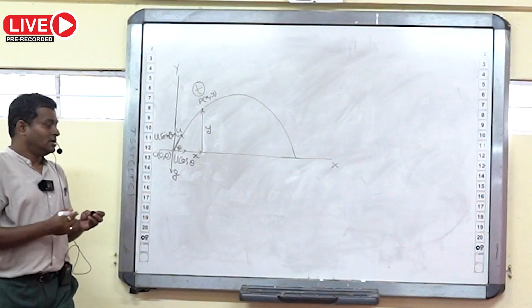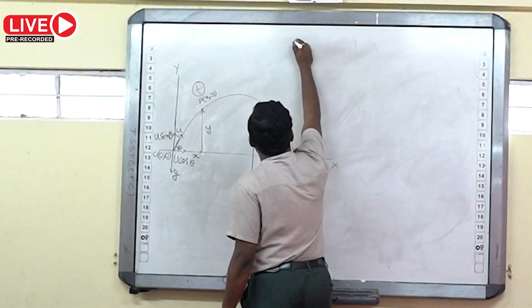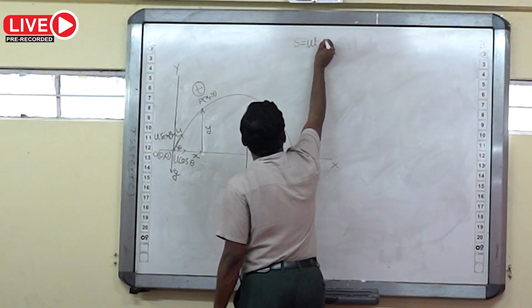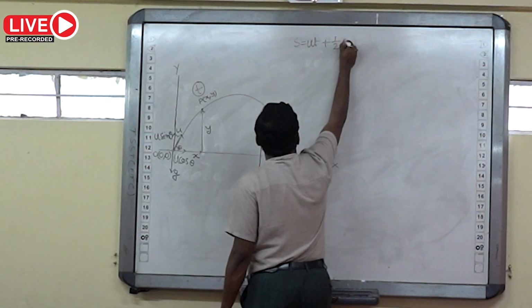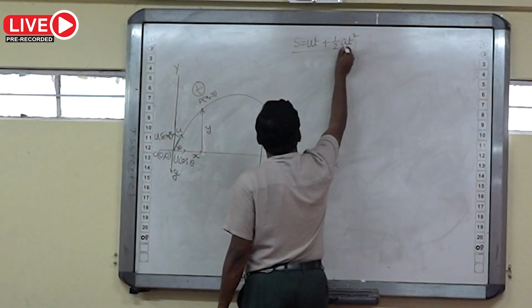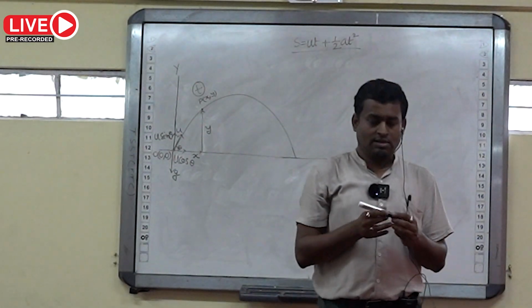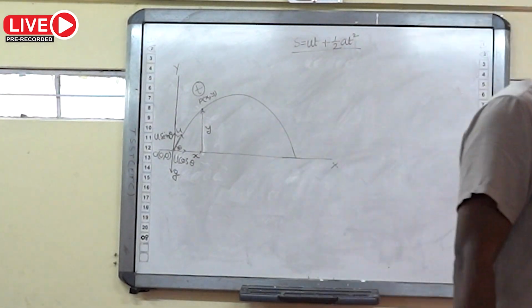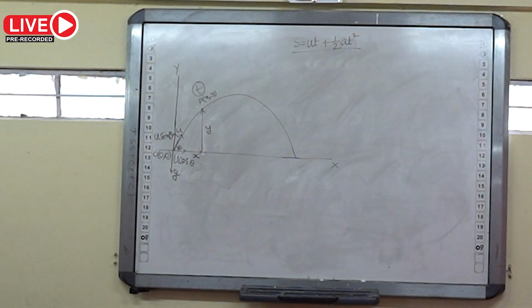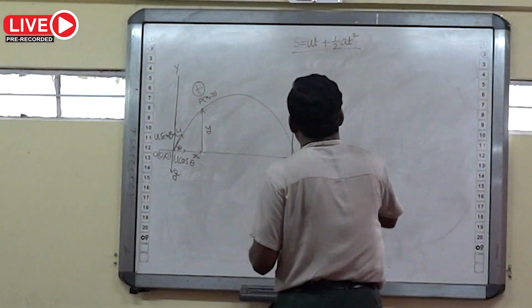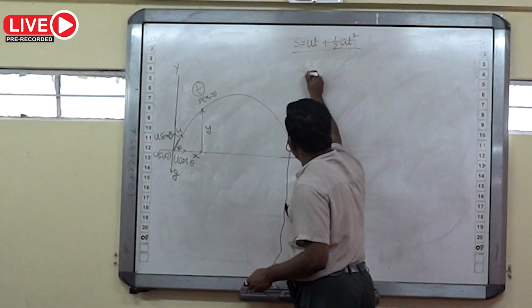Now we will stick to the equation s equal to ut plus half at square for writing the equation of displacement in each direction. Now what is the x component of displacement? The x component of displacement in the diagram is denoted by small x, the x coordinate of P. So in place of s I will write x.